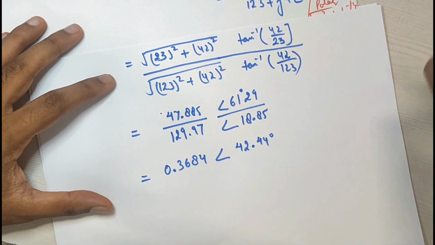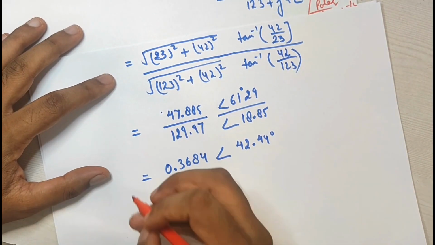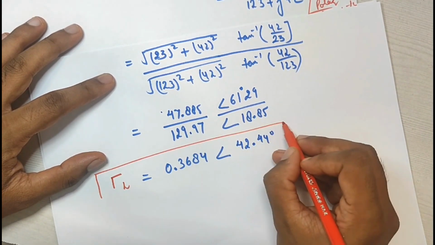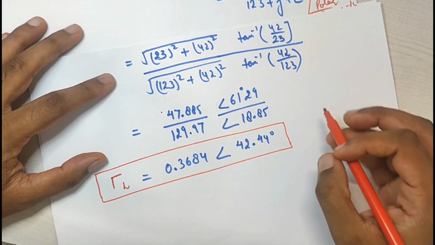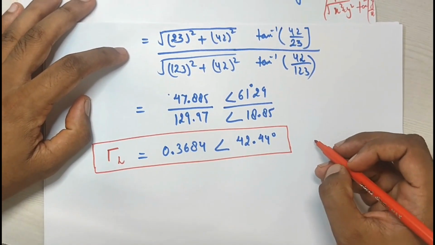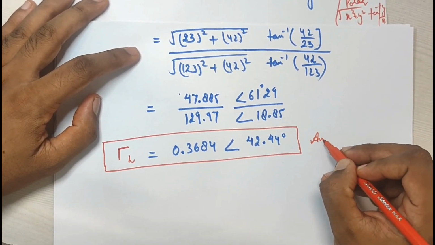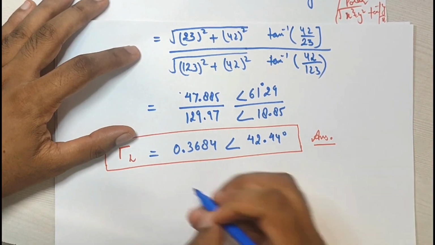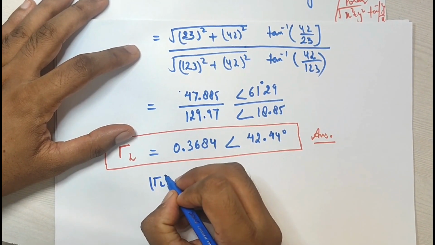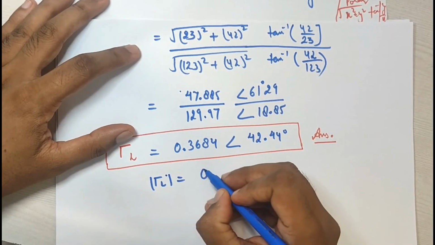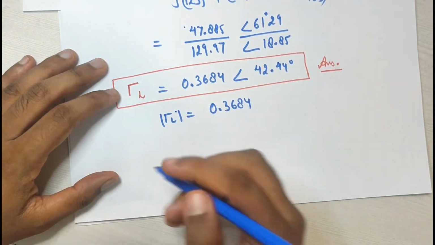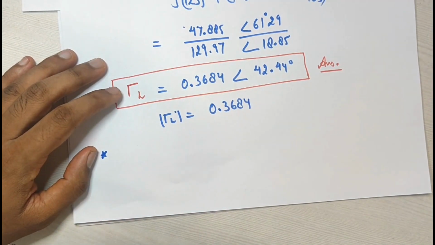So what we have calculated is the reflection coefficient at load. This is the first answer that we have got, which we were looking for. From here we can say that the magnitude of the reflection coefficient is 0.368.